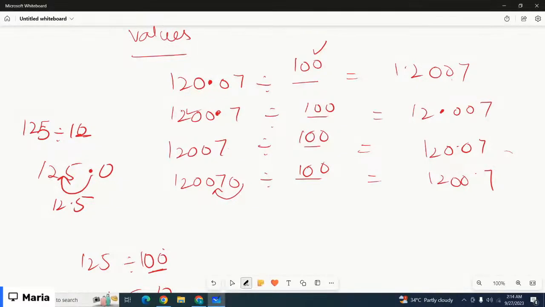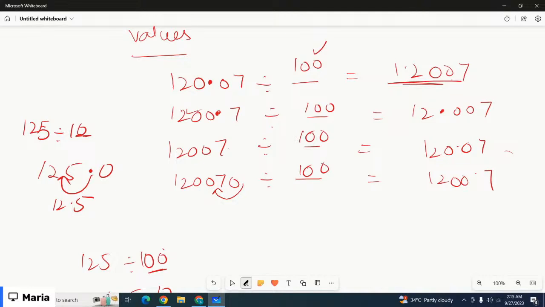Okay, so that is 120.07. Just look here. Just notice the movement of the decimal point. The decimal point is moved from here to here. That means it is moved 2 places left, right?